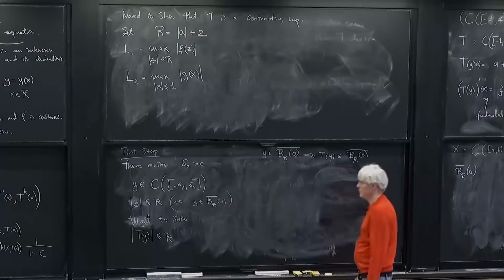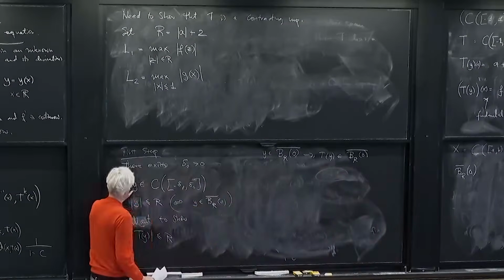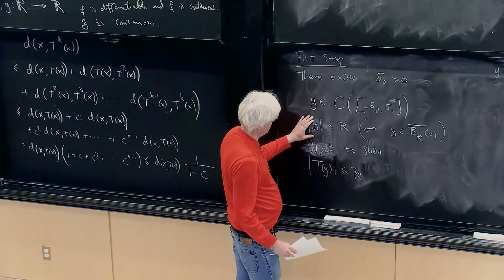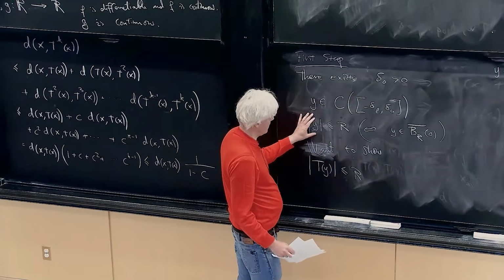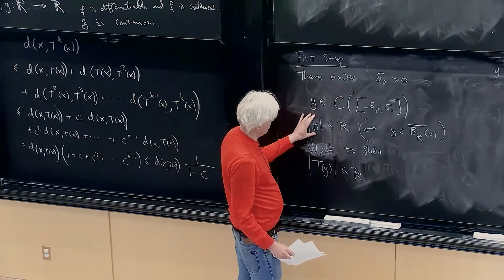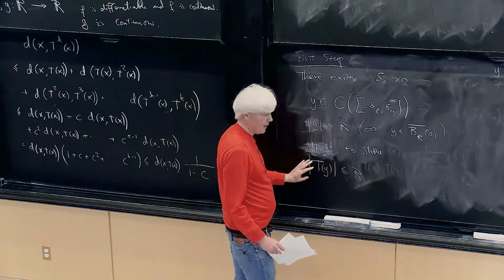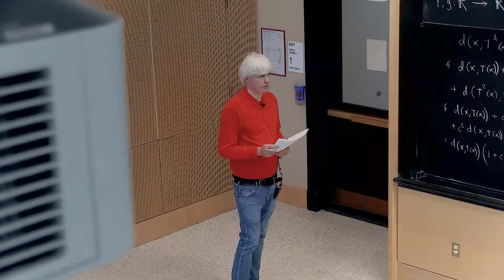So if y is continuous, and at each x the absolute value of y of x is less or equal to r, then you have the same for the image under t. We already know that the image under t of y is continuous.